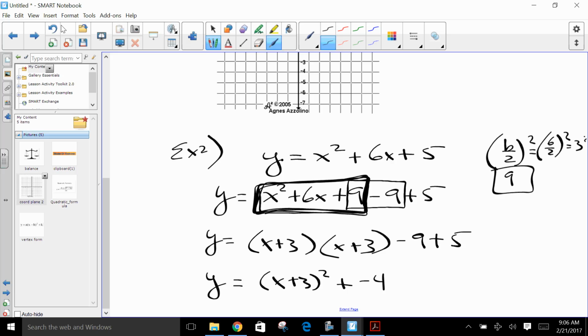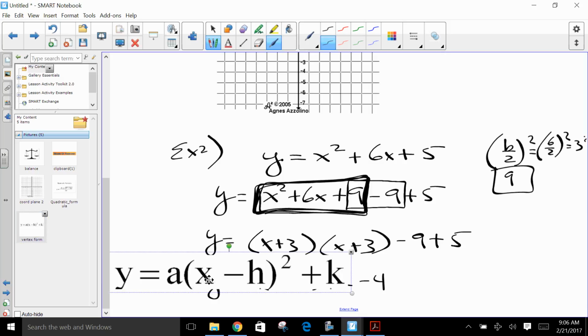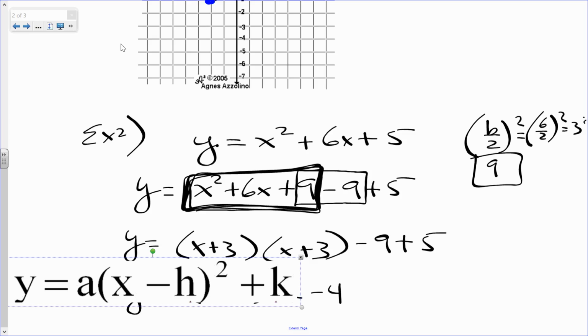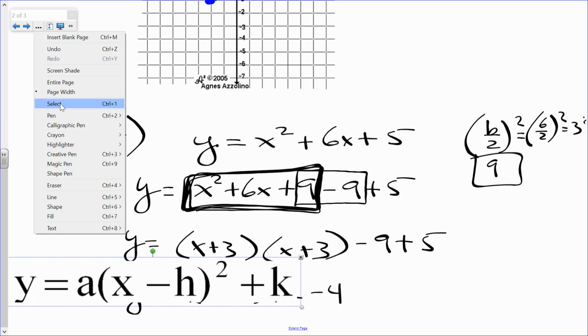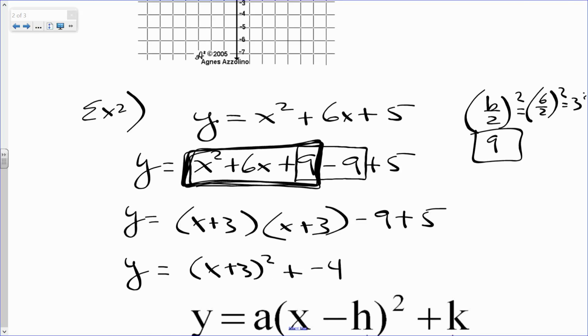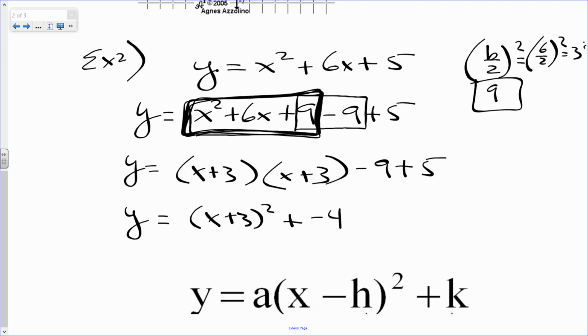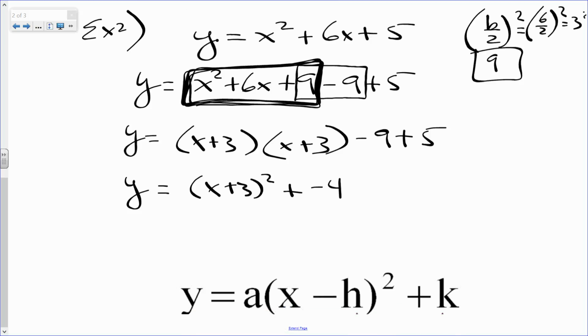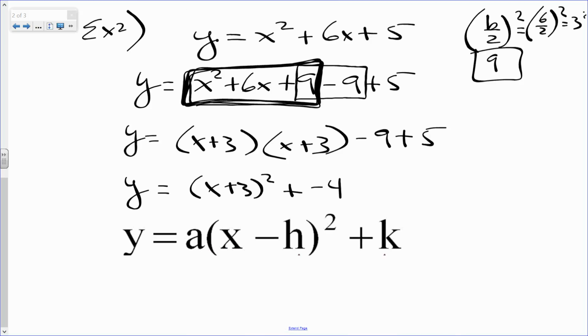So let's compare that with vertex form. Okay, here we go.